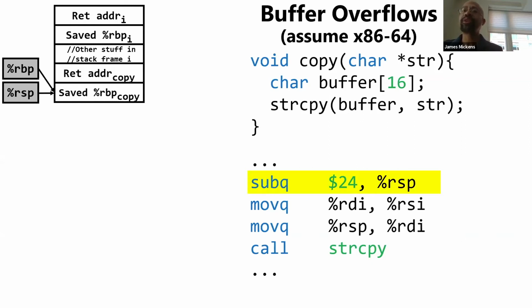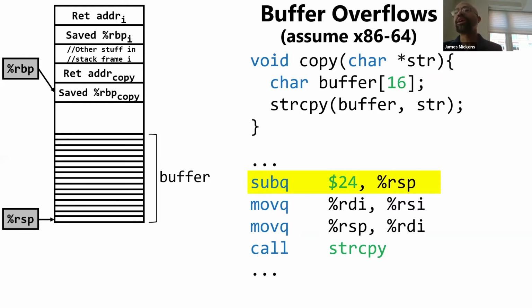This sub instruction is making space for the local variables in the copy function. We have a buffer of size 16 bytes, so we know that we have to subtract at least 16 bytes from the stack pointer. On the particular compilation that I used for this program, it subtracted 24 bytes, most likely because of alignment reasons. So we do this subtraction here. We've made space for the buffer.